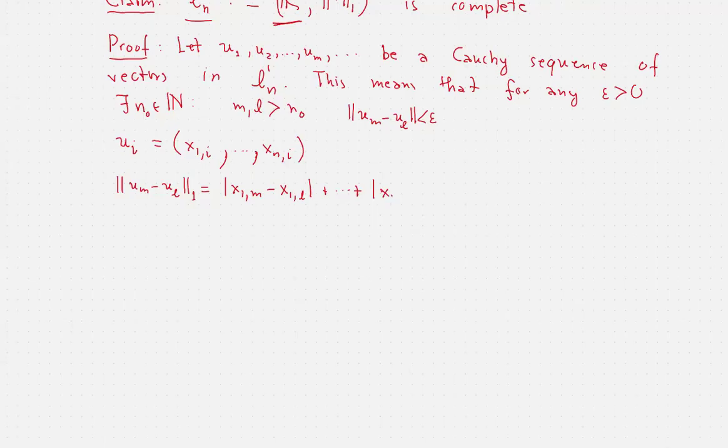And now I know that this has the property that it's less than epsilon if m, L are greater than n naught. So that means that for any i between 1 and n, meaning I'm singling out one coordinate, I have that |xi,m minus xi,L| is less than or equal to the norm of um minus ul.